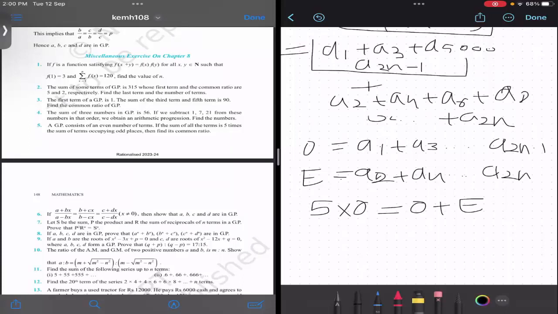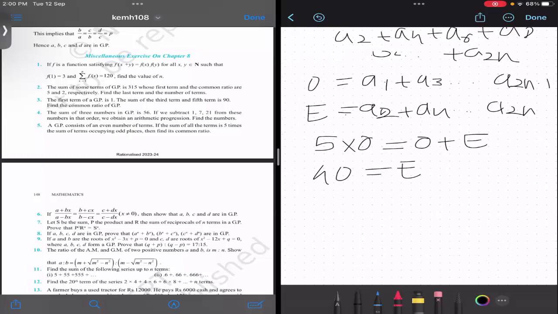Because the O plus E represents the summation of all the terms in the GP. Now taking O onto the LHS side from the RHS, you get 4O equals E. So this would imply that 4 times the sum of odd terms is going to be the sum of even terms, right? On the LHS, you would have something along.